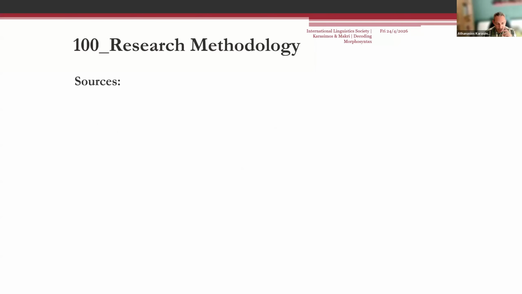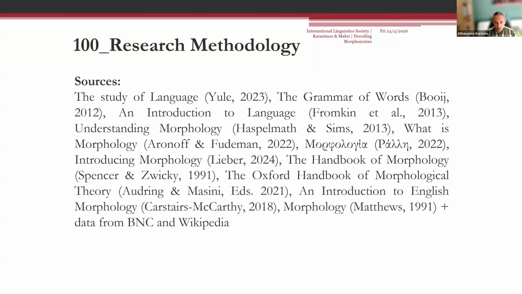For this reason, we use plenty of morphology coursebooks that we can extract data from and include in our training data and test data, and also some data from the British National Corpus and Wikipedia.